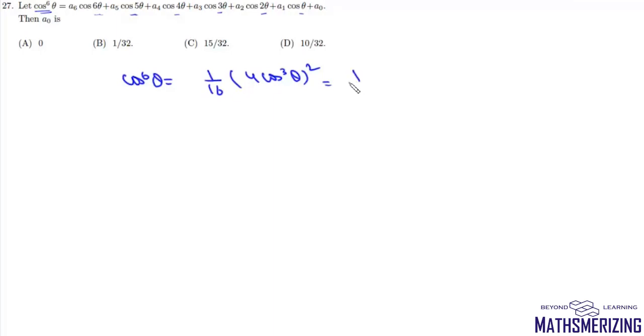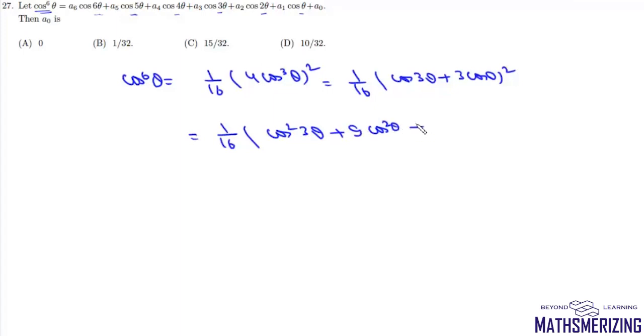Now 4 cos cube theta is cos 3 theta plus 3 cos theta. So (cos 3 theta plus 3 cos theta) whole square. So we can write this as 1 by 16, and it'll be cos square 3 theta plus 9 cos square theta plus 3 into 2 cos 3 theta into cos theta.